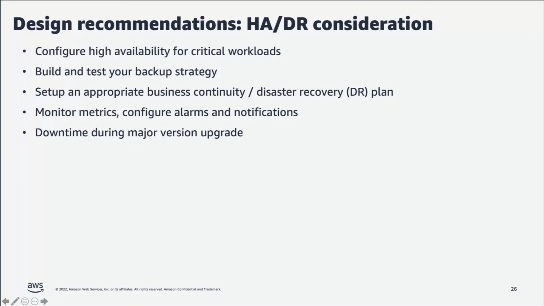So now let's look into design recommendations with respect to availability and disaster recovery. Always configure systems with high availability for your critical production workloads. You can use RDS Multi-AZ or Amazon Aurora with at least one reader. If your writer node is affected and unavailable, we automatically detect and fail over.